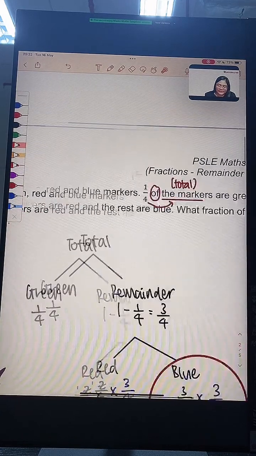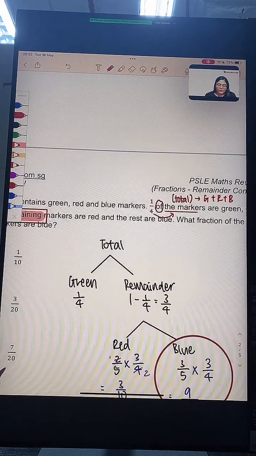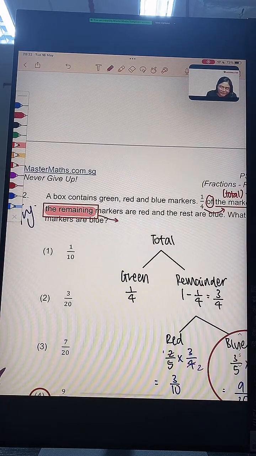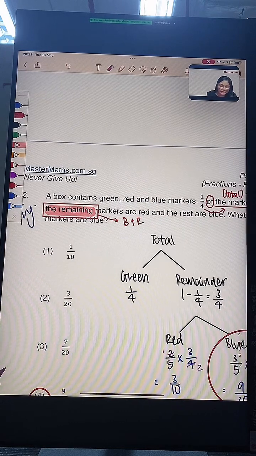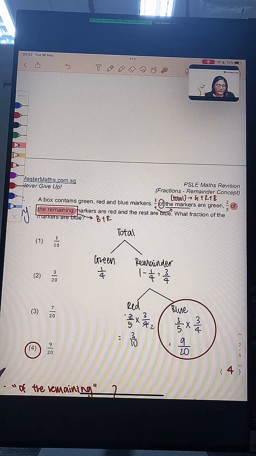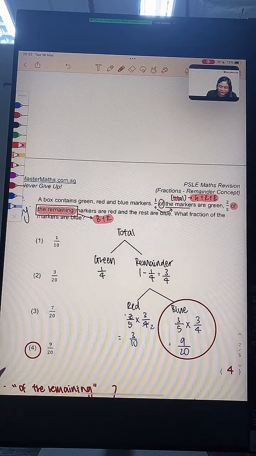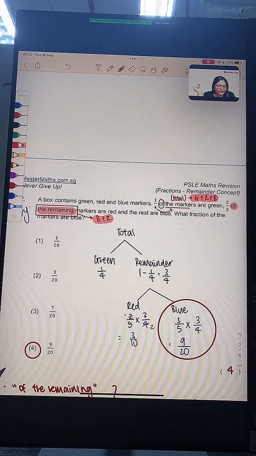This one is green plus red plus blue, everything, whereas this remaining here is just blue and red together without the green, because green is already 1/4. Clear? Does this make more sense now? I hope it does.